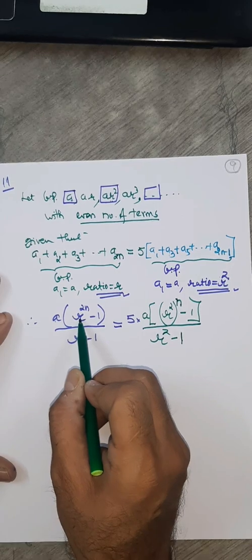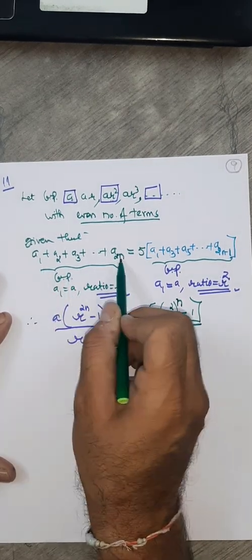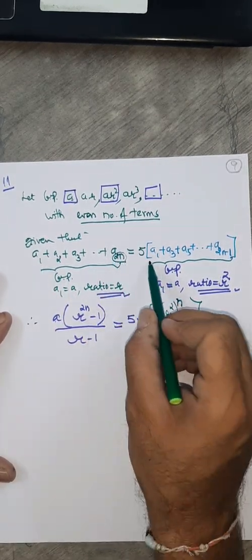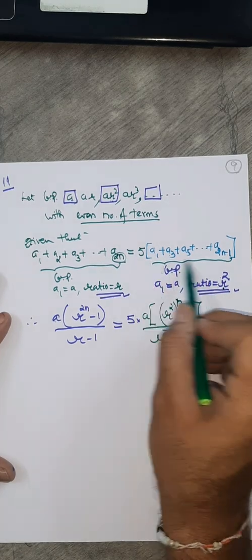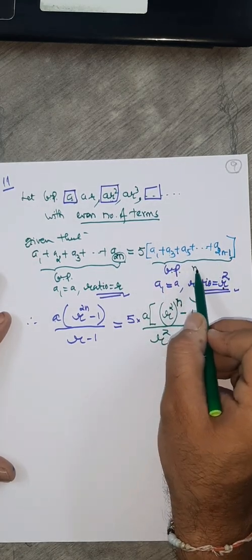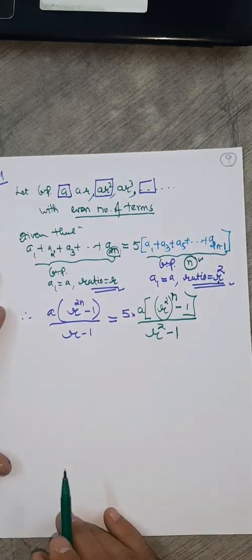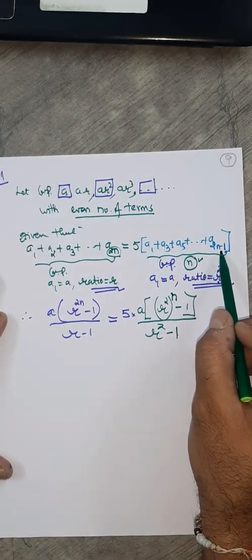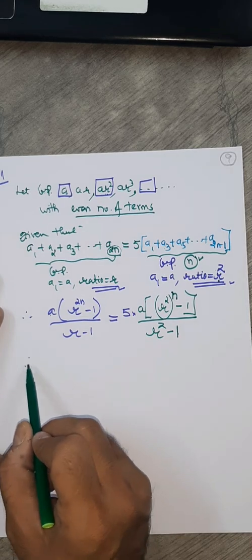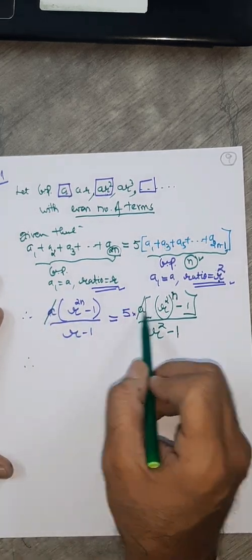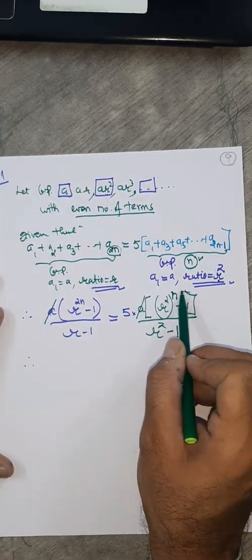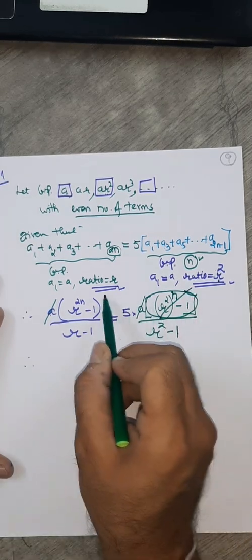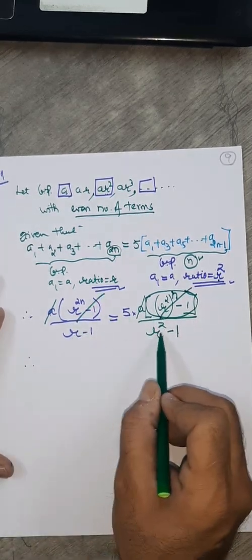The same formula: there the ratio was r, but the total number of terms was 2n. Here your ratio is r squared, but the total number of terms is n, because you are taking half the terms, the terms occupying odd places. Okay, so this will get cancelled. This is r raised to 2n, so this bracket will get cancelled with this.